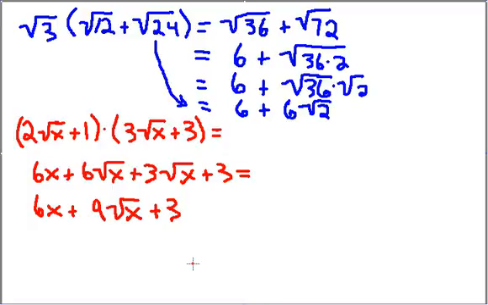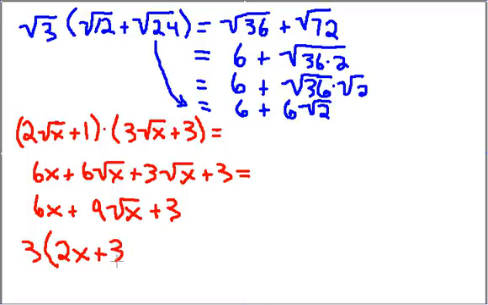Now, we can actually take this one step further. Each of our 3 terms here has a common factor. The common factor is 3. So let's bring a 3 out front. 3 times what is 6x? Well, 3 times 2x is 6x. 3 times what is 9 radical x?